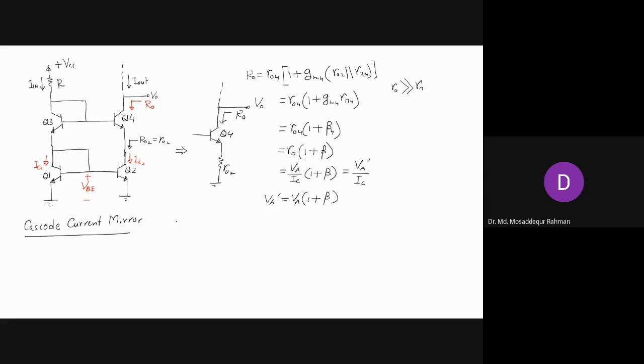So there is a significant increase in the output resistance, and the error will be del VC divided by your VA prime, right? And VA prime is this. So the cascode configuration will give you a big improvement in terms of the error due to the finite output resistance.